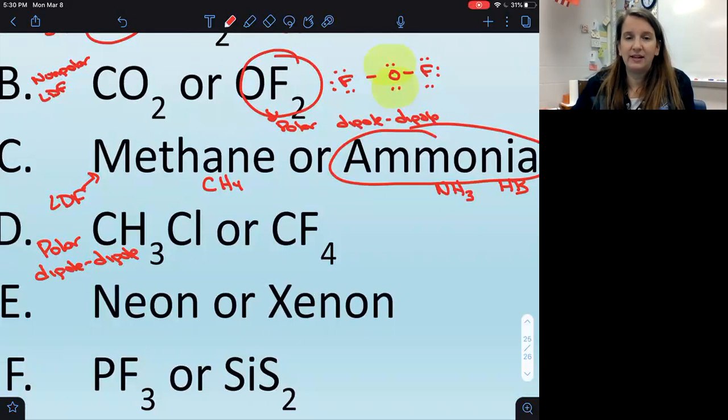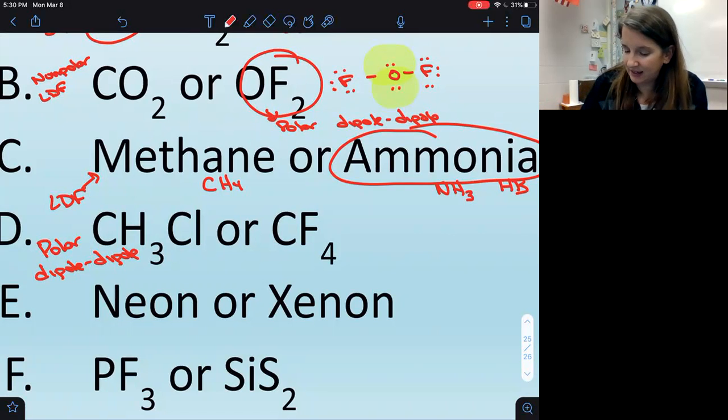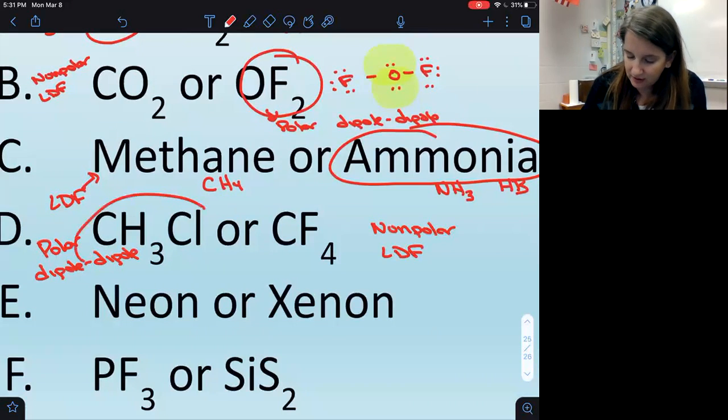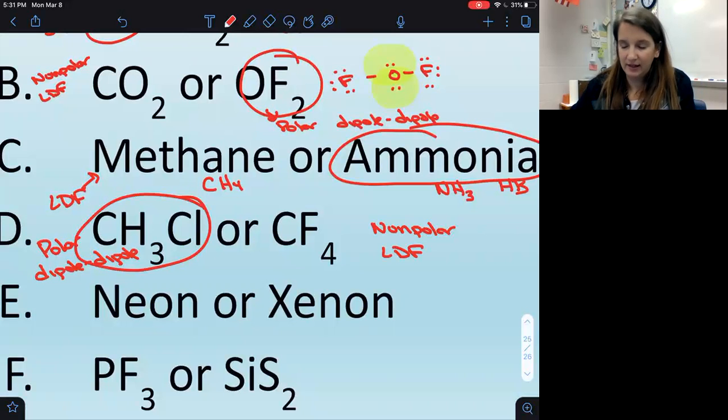I don't have to draw CF4. I can look at CF4 and I can see that it's going to be the same all the way around that carbon, all fluorines. So that's going to be nonpolar, and that means it's going to be LDF. So the strongest would be this one.